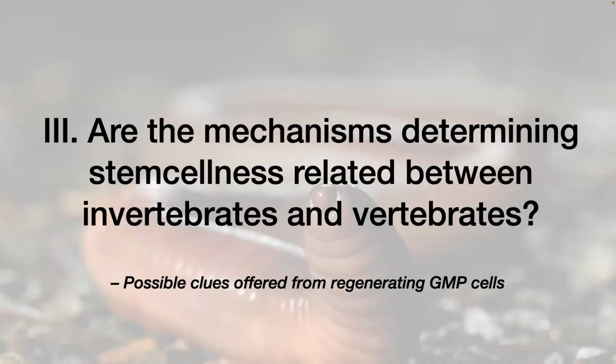So here I would like to again use the annelids first as a model system to convey something which I find quite intriguing. This is that there could indeed be a deeper similarity in the systems that have been worked out in vertebrates and invertebrates.